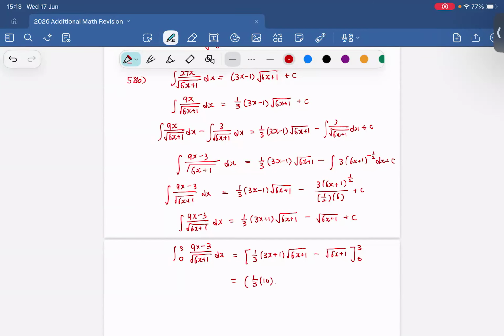This is 1/3 times 10 times square root 19 minus square root 19. Now you put the 0 inside, it becomes 1/3 times 1 times square root 1 minus square root 1. You should get 10.8.